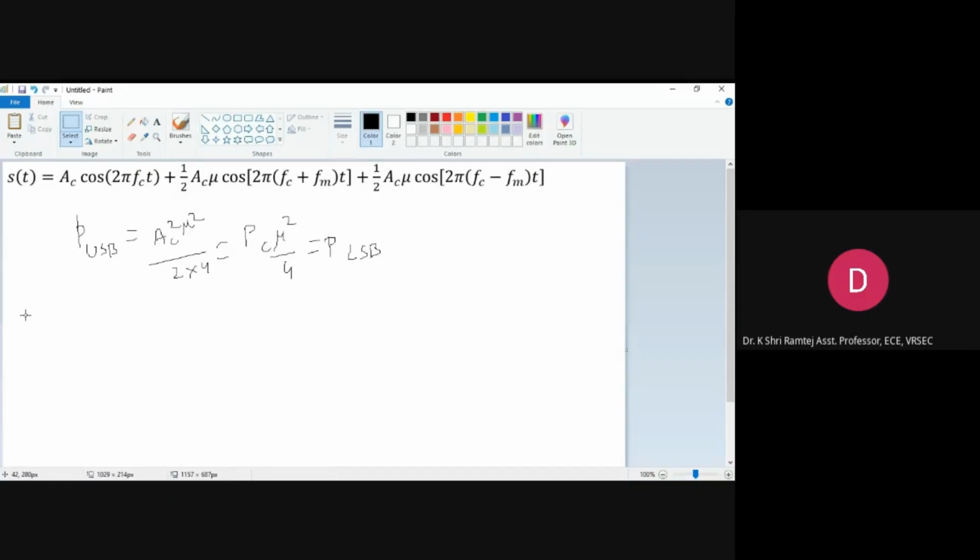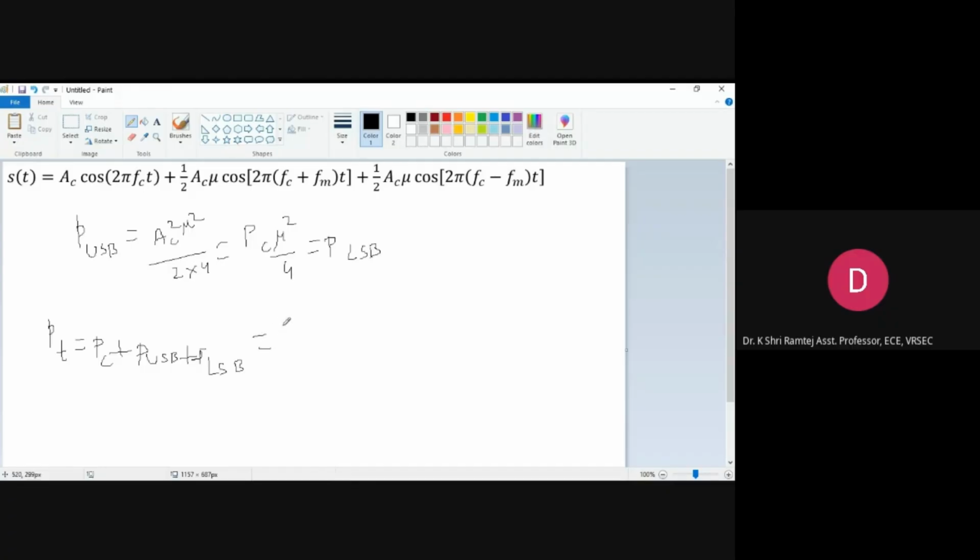Now the total power required to transmit the AM wave will become PT equal to power of carrier plus power of upper sideband plus power of lower sideband.